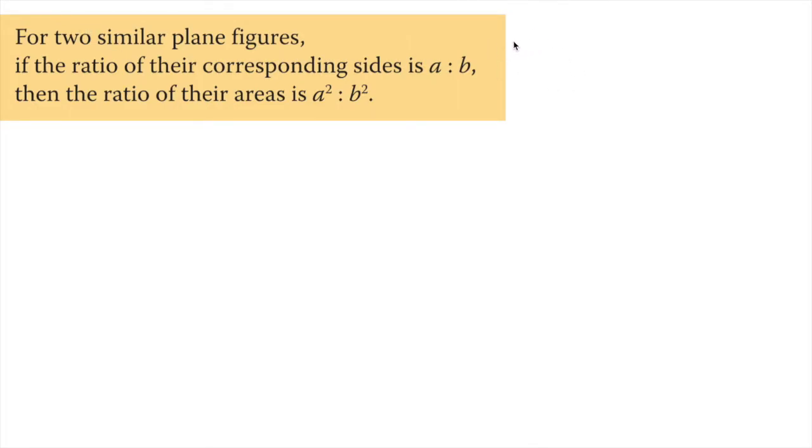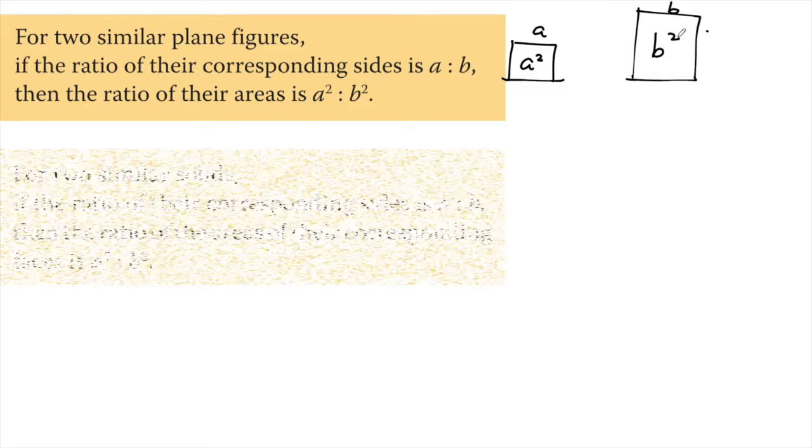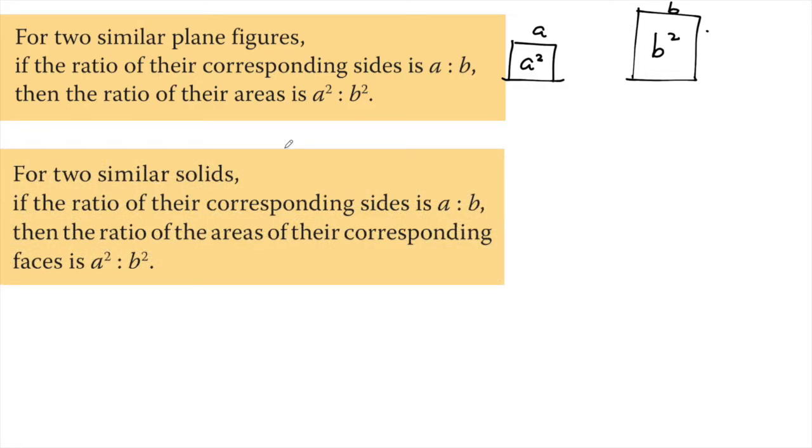So, let's say two squares, this will be the simpler example, one with side A and this one with side B. This is line A and this is line B. So the ratio of the area will be A squared is to B squared, because now we're talking about two-dimensional figures.